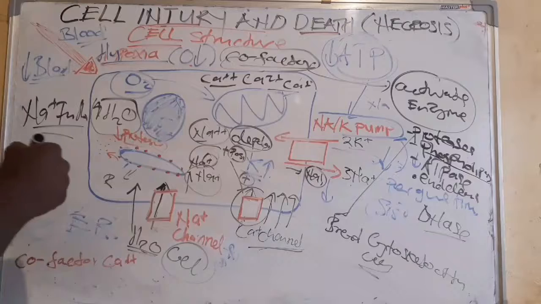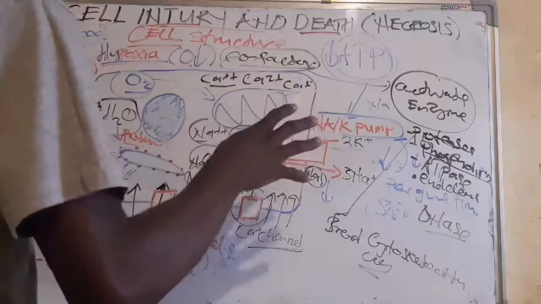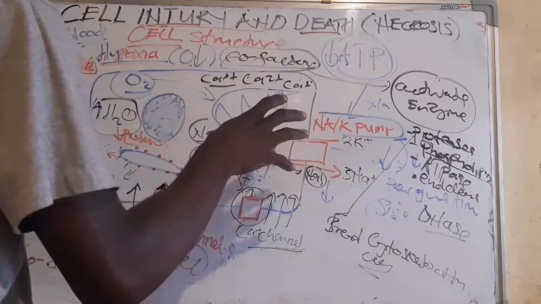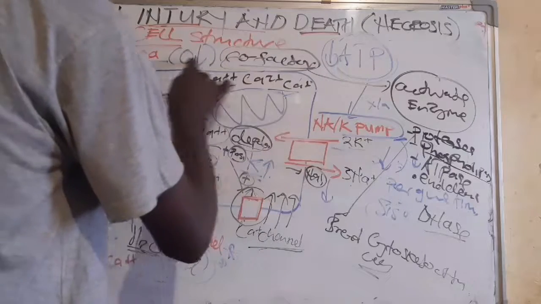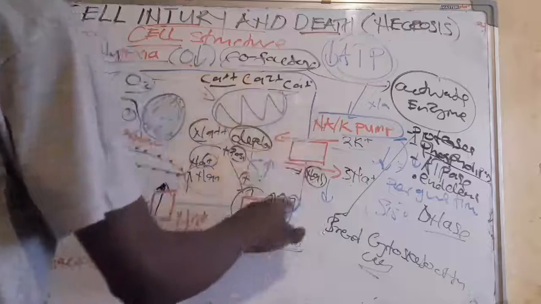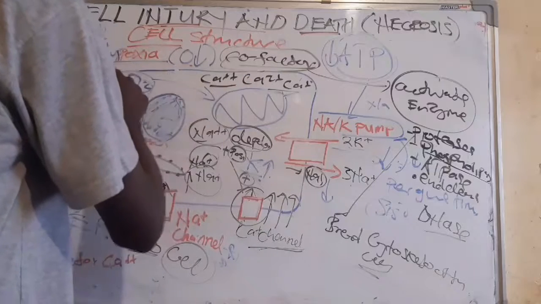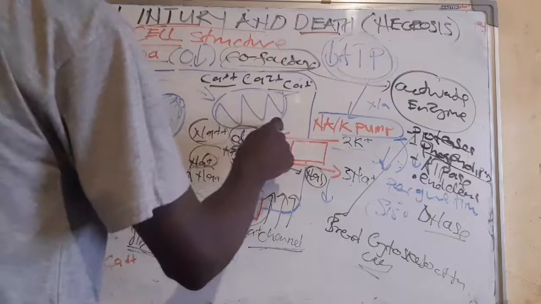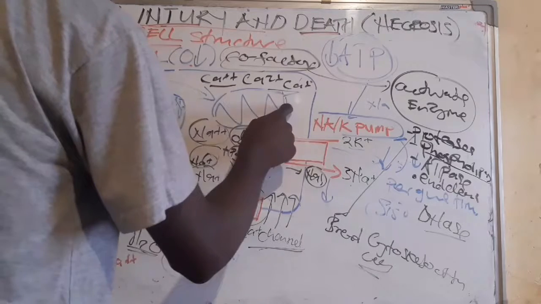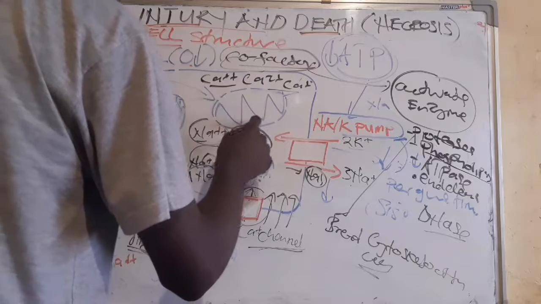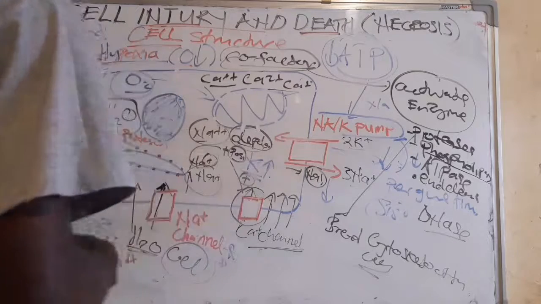When we talk about phospholipases, these phospholipases break down the bilayer membrane, which is made up of phospholipids. Also the bilayer of the mitochondria is broken down. So when the membrane of the mitochondria is being broken down, what does it mean?